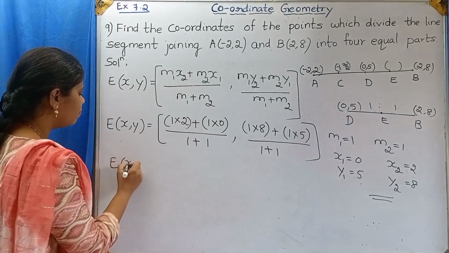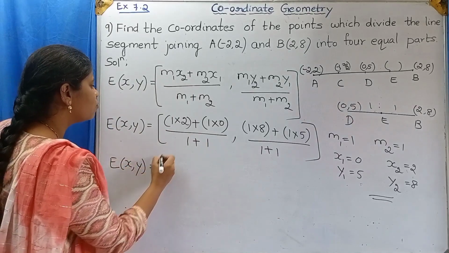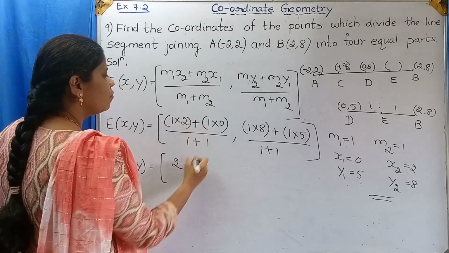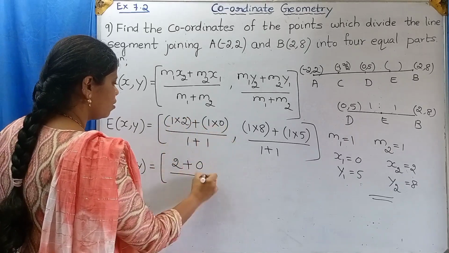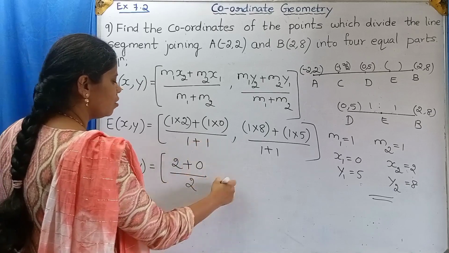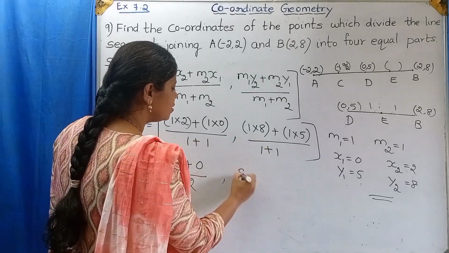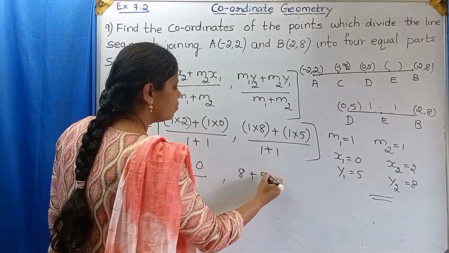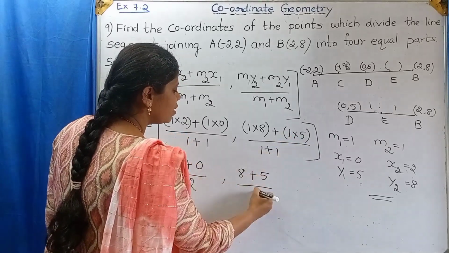So 1 into 2 is 2, plus 1 into 0 is 0, 1 plus 1 is 2, comma, 1 into 8 is 8, plus 1 into 5 is 5, 1 plus 1 is 2.